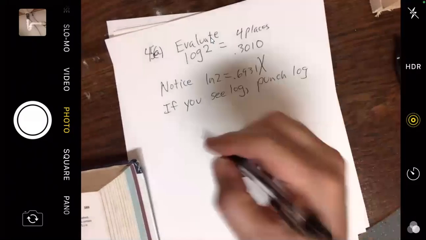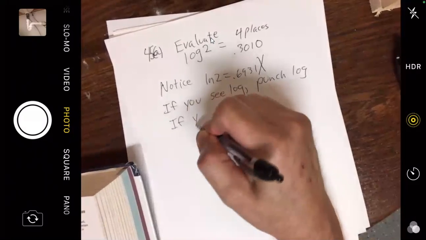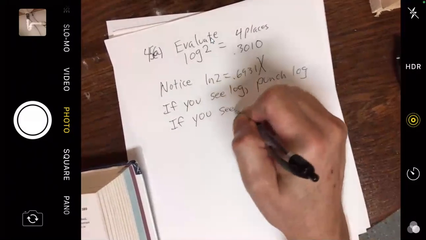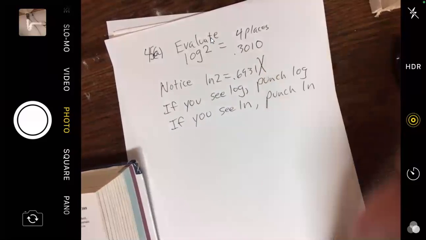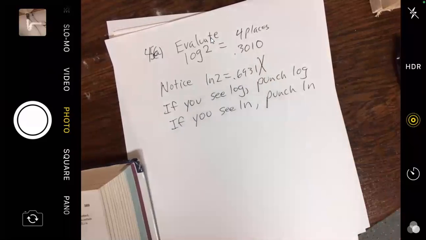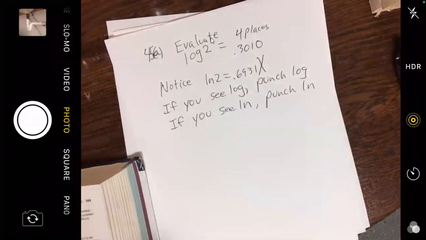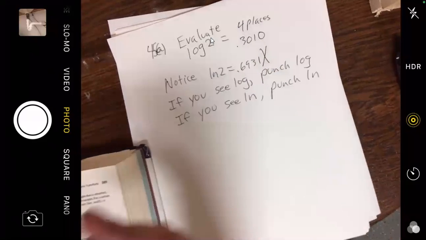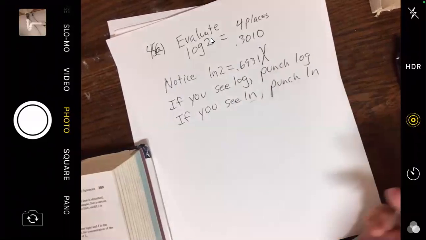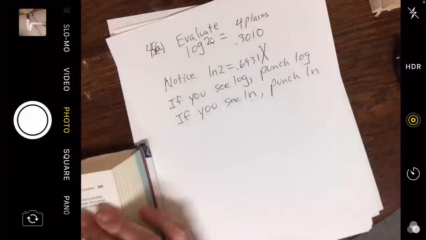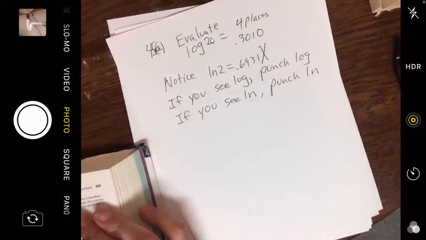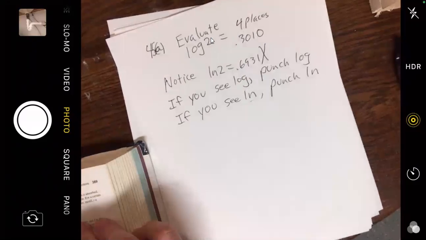Punch log if you see log, punch ln if you see ln. For God's sake, punch what you see. You have no idea how many people will just punch ln no matter what. Oh, really? I was supposed to punch... Okay. Rant is over.